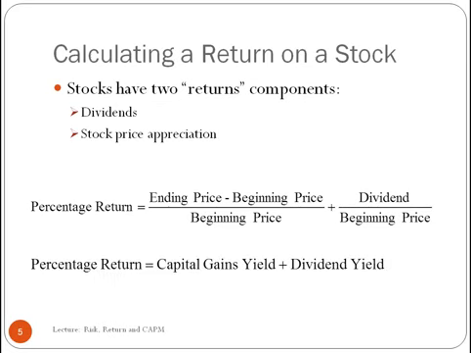And we give those names. The percentage return is equal to the capital gains yield, that's the stock price appreciation, plus the dividend yield, the return we get from the dividend. And this allows us to measure the return on our investment from a stock.